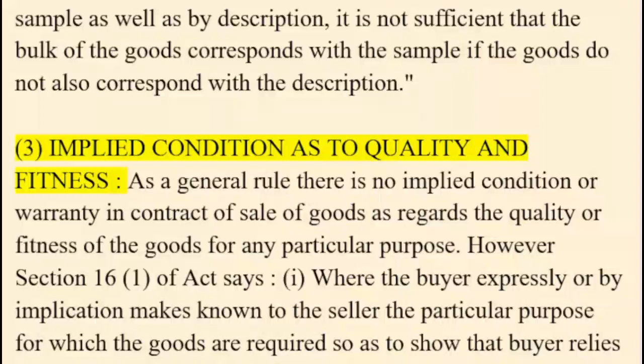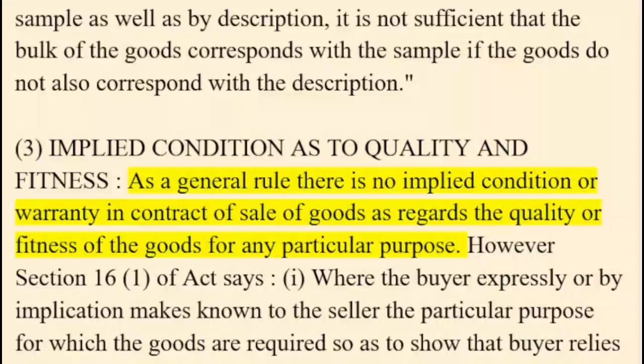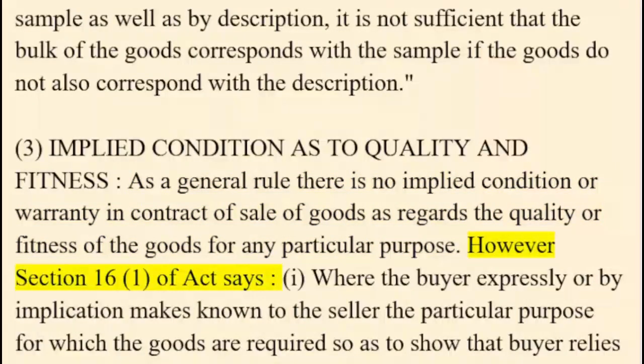3. Implied condition as to quality and fitness. As a general rule, there is no implied condition or warranty in a contract of sale of goods as regards the quality or fitness of the goods for any particular purpose. However, Section 16(1) of the Act says, i.